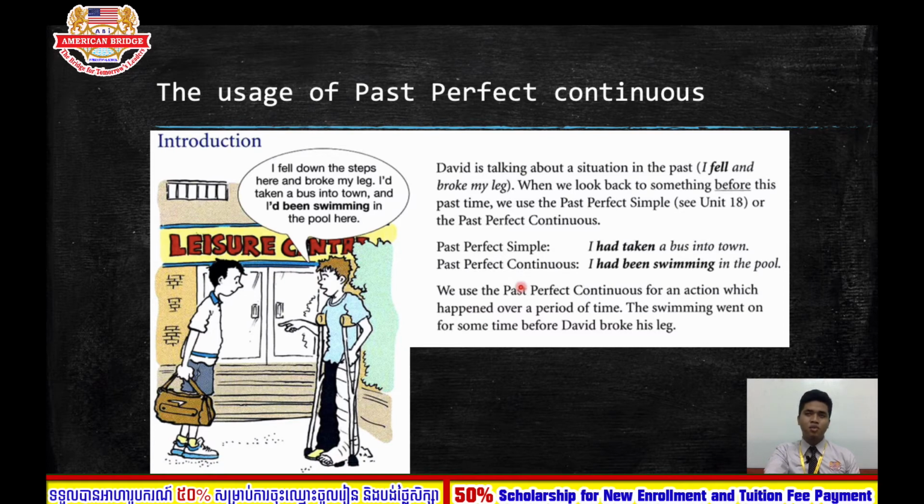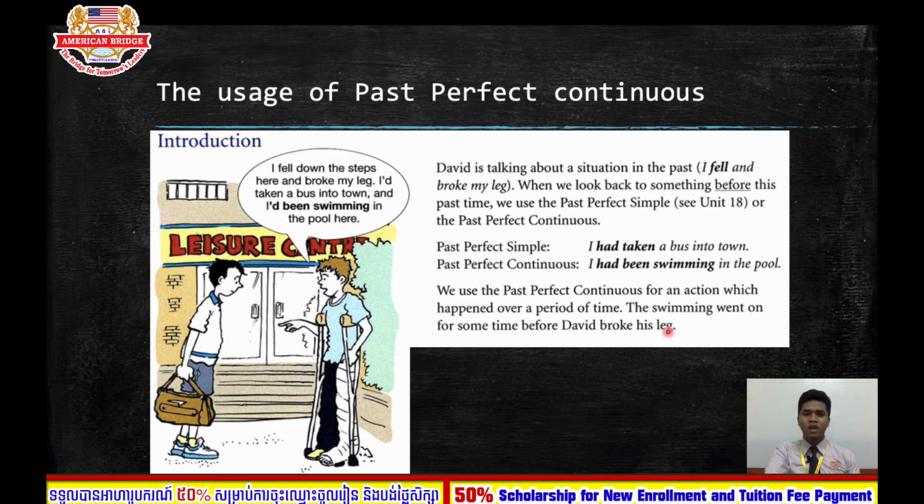It is the same as present perfect simple and present perfect continuous, because we use the past perfect continuous for an action which happened over a period of time, because the activity swimming here went on for some time before David broke his leg. Okay, so again, if we are talking about past perfect simple, we're talking about the completed action. When we talk about the past perfect continuous, we talk about the continuous action happened before the past action.